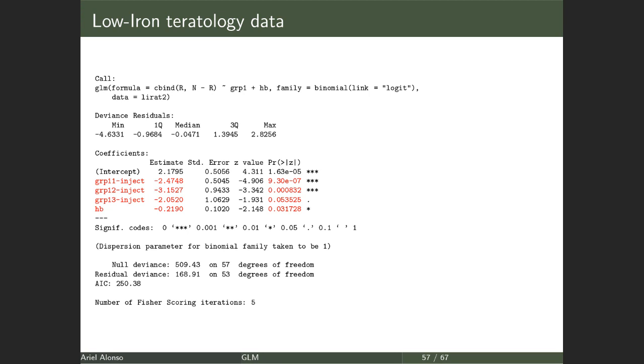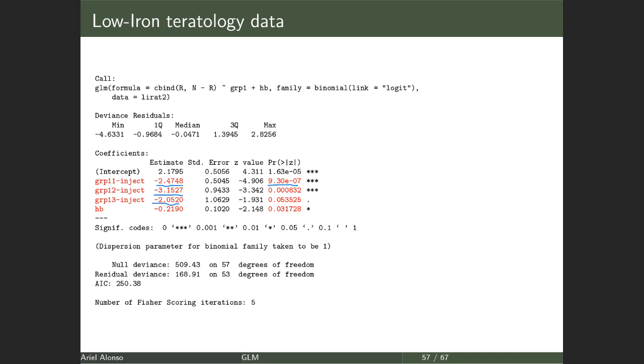And as you can see, here you have a negative coefficient. That means that the number of deaths was smaller compared to the placebo group. That was highly significant, and the same holds for the groups that got 2 injections or 3 injections.